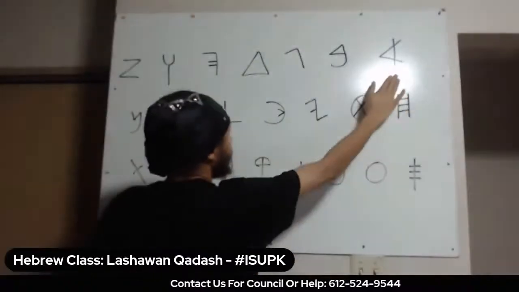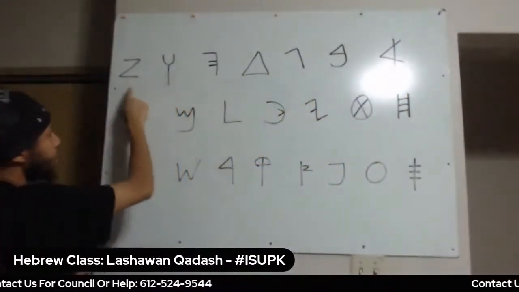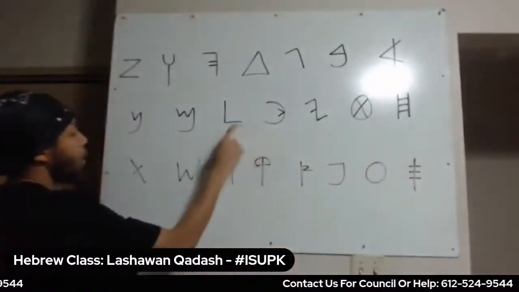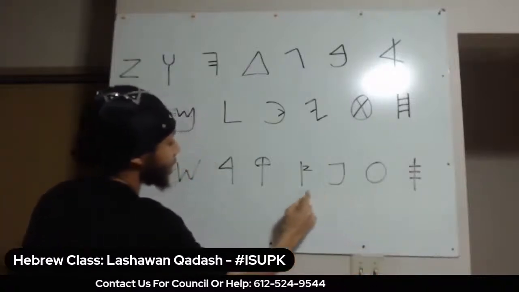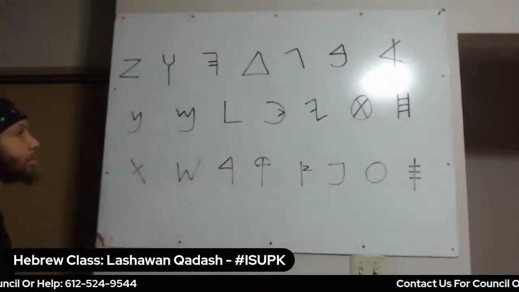So we got ba, ga, da, ha, wa, za, ka, ta, ya, ka, la, ma, na, sa, pa, ta, za, kwa, ra, sha, and tha.